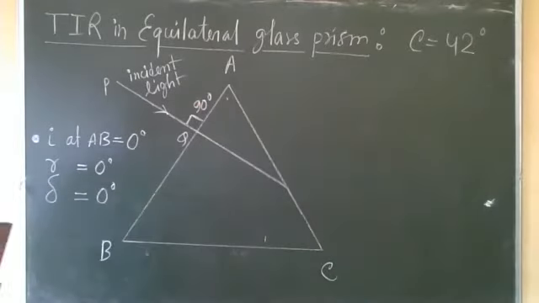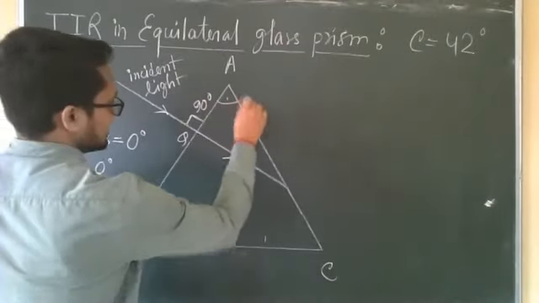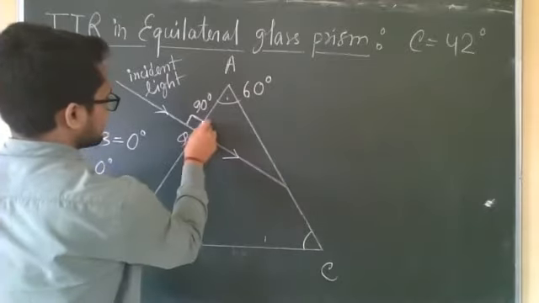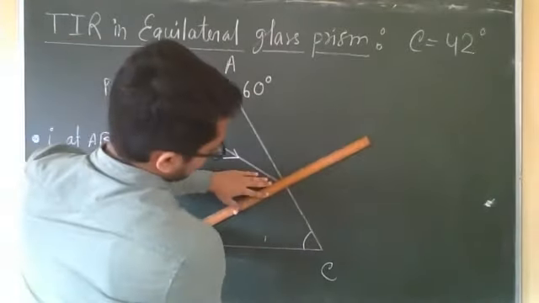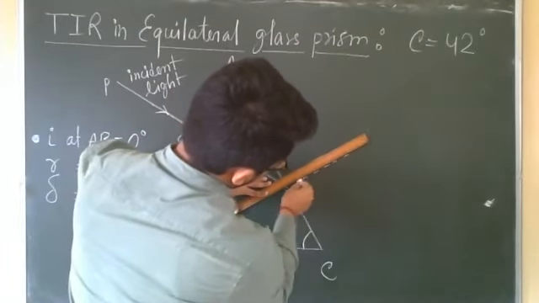Okay, so these are short questions. Equilateral, so this is 60, this is 60, this is also 60. This is 90 degrees. Here it is not along the normal, so draw the normal.